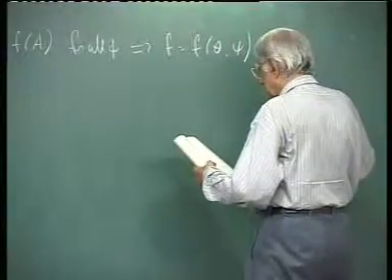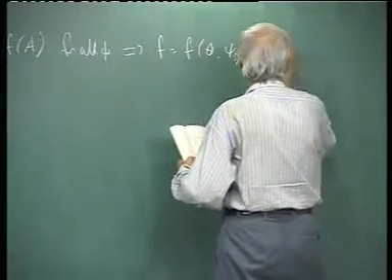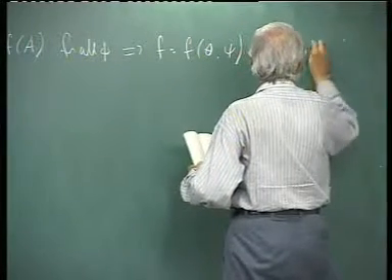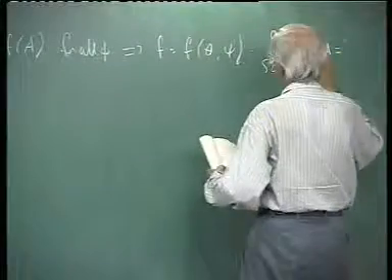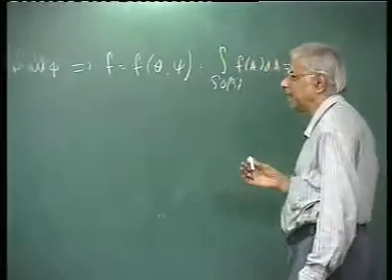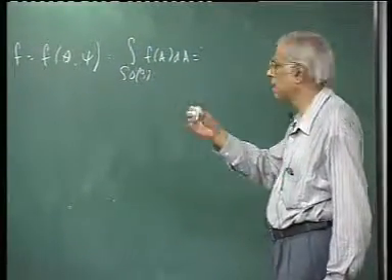And for such functions, the integration over the whole group, so these are for functions constant over each coset. What does it mean? It means they are functions over the space of cosets.